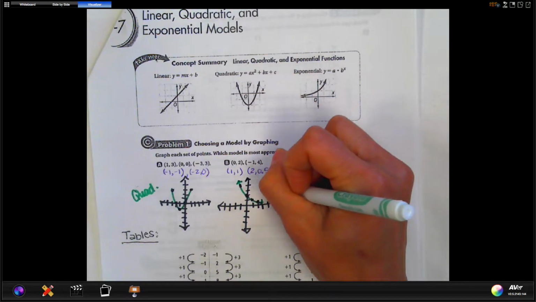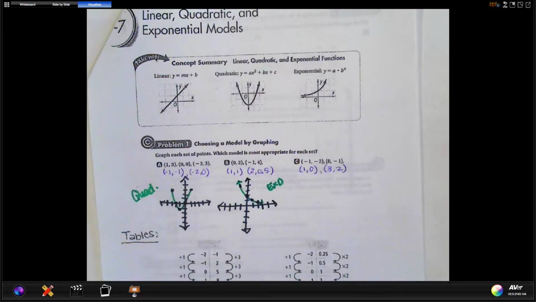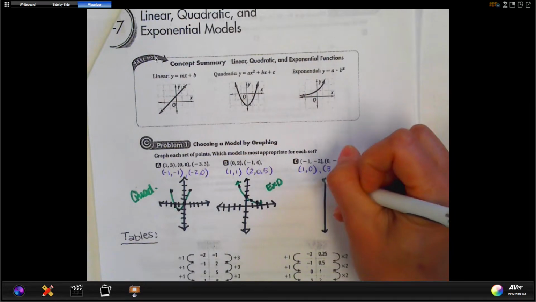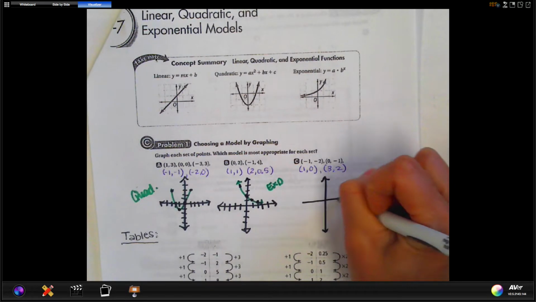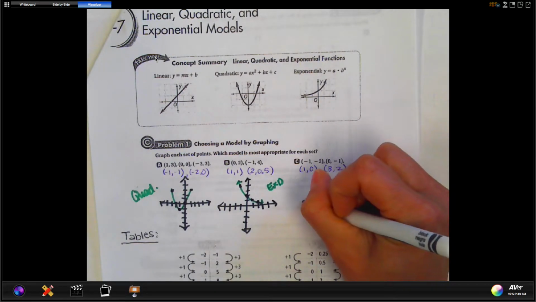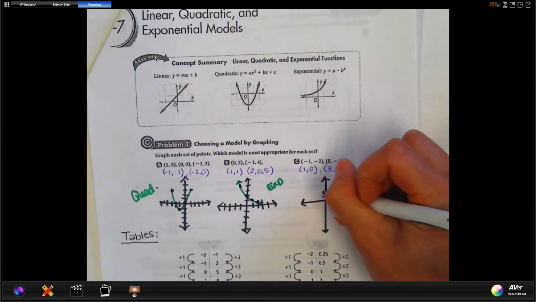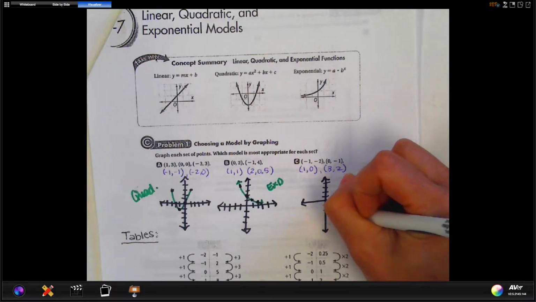So this is the exponential, which means probably the last one's going to be linear since we're comparing them. But let's just graph it to show us how we do it. What's the biggest number this one goes to? 3. I'm going to go by 4s just because I have enough space there. 2, 3, 4.